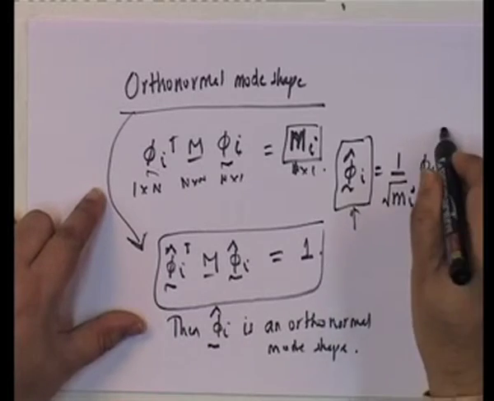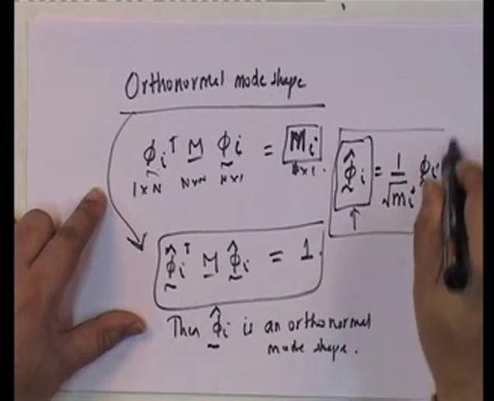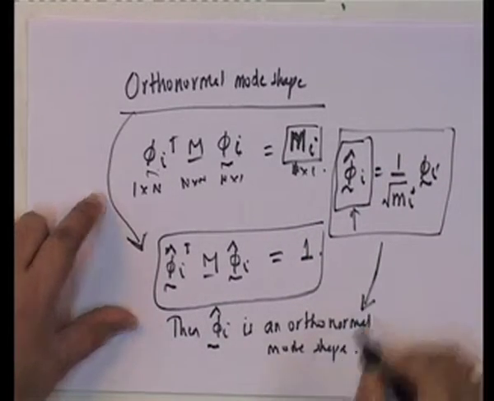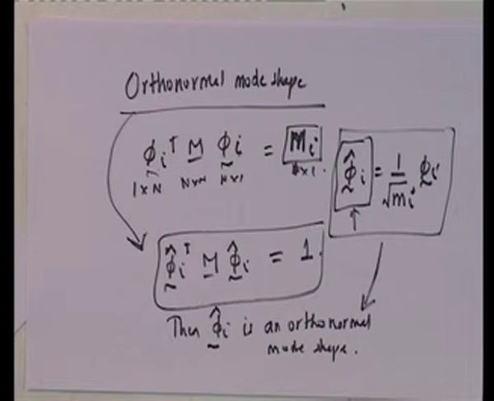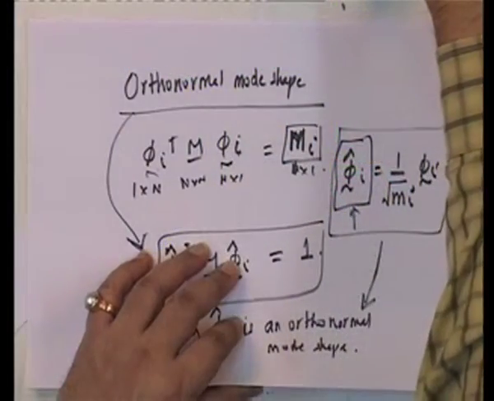So, automatically this is your orthonormal mode shape. How to evaluate an orthonormal mode shape? And this orthonormal mode shape is unique.